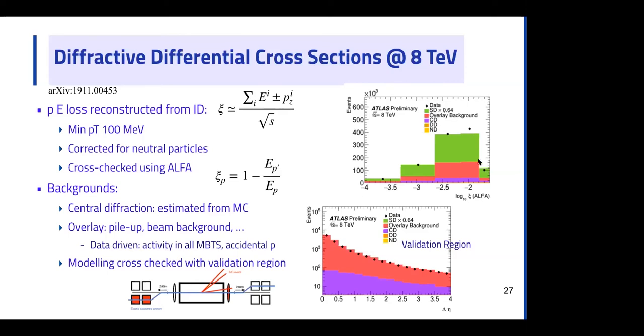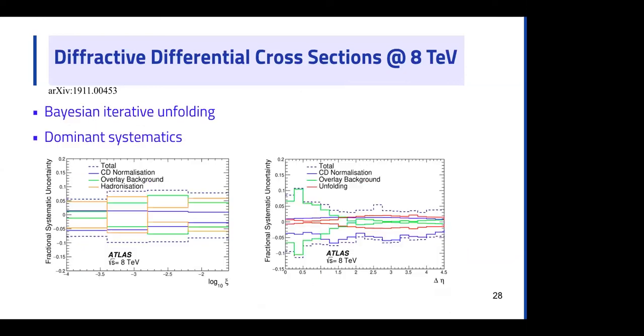The upper plot shows the distribution of the chi variable, in the end logarithm of chi in alpha, in the signal region. And here we have in green the single diffractive events that had to be renormalized with respect to the PCA prediction in order to match the expectations in data, but we see that the shape is rather well reproduced by the simulations.